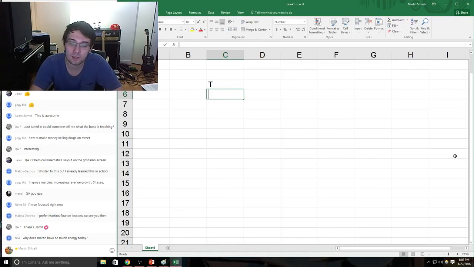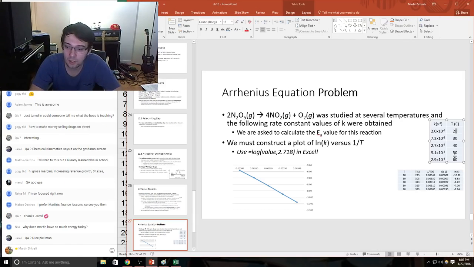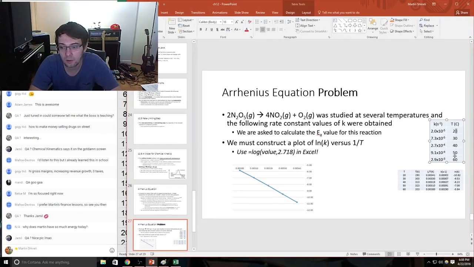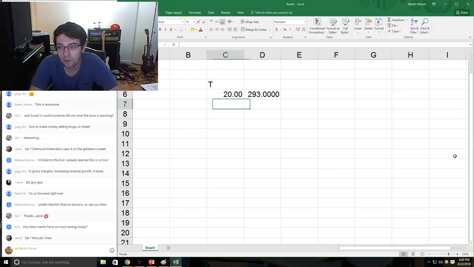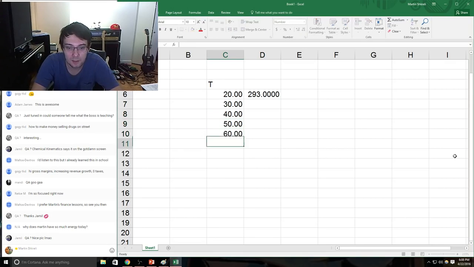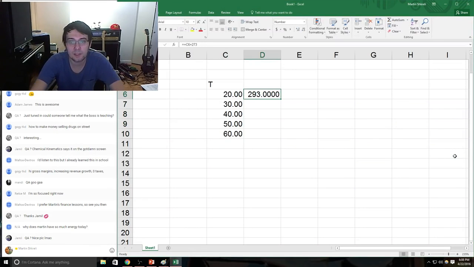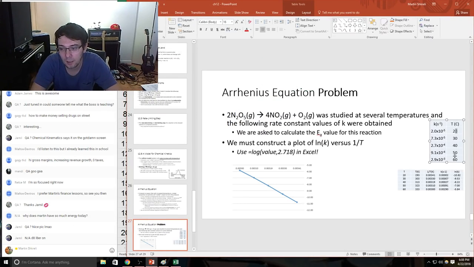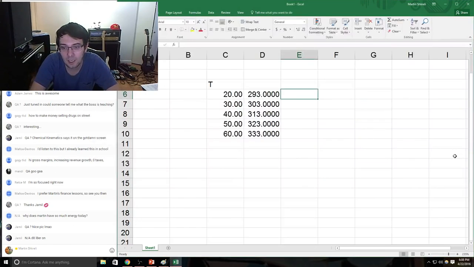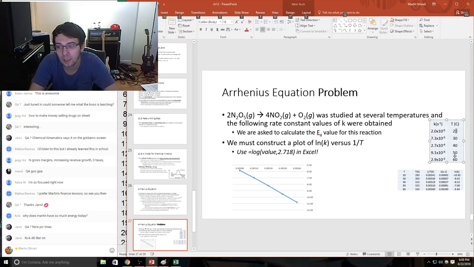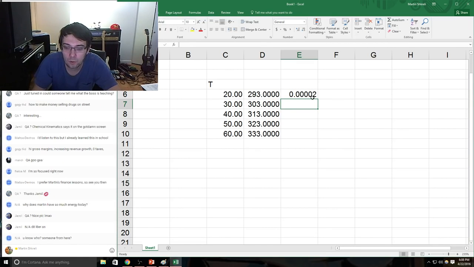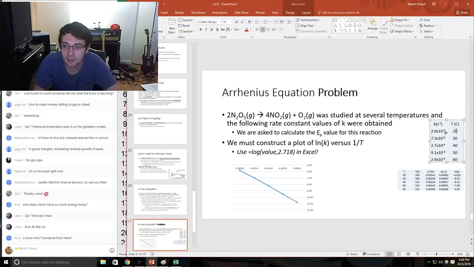The temperature in Celsius is 20, so we know that the temperature in Kelvin is going to be plus 273, or 293. And we have the values for 20, 30, 40, 50, and 60. So we have the temperatures in Kelvin just by copying and pasting the formula. And then we have k. This gives us k is 2.0 times 10 to the negative fifth.